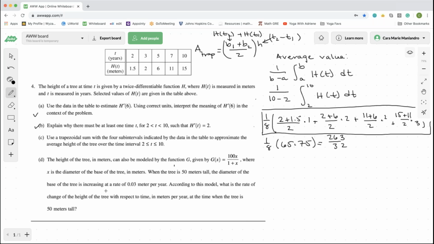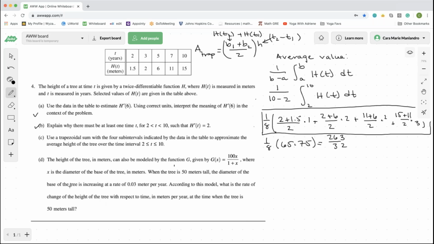When the tree is 50 meters tall, the diameter of the base is increasing at a rate of 0.03 meters per year. According to this model, what is the rate of change of the height with respect to time when the tree is 50 meters tall?